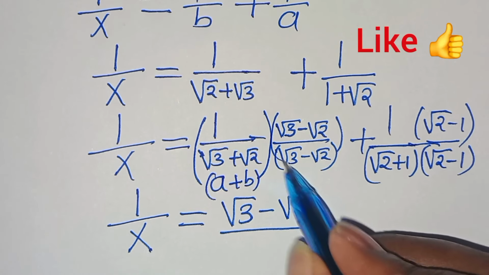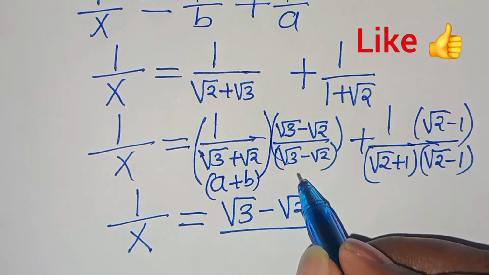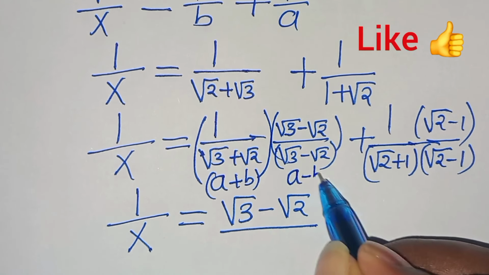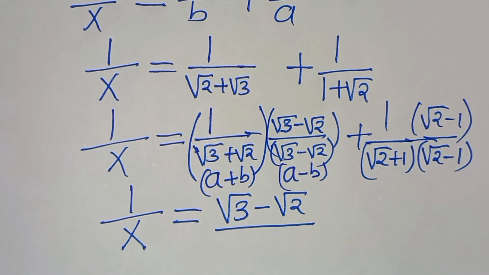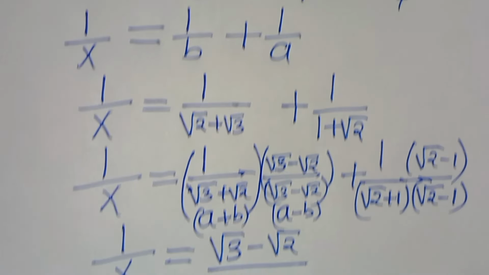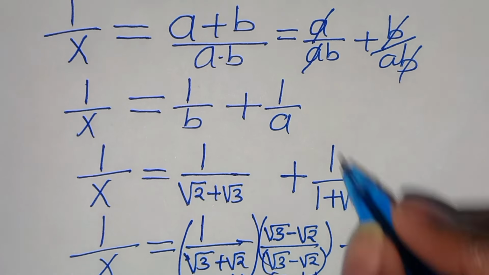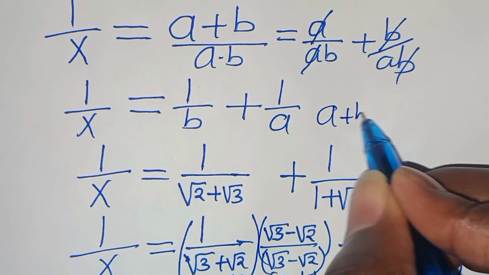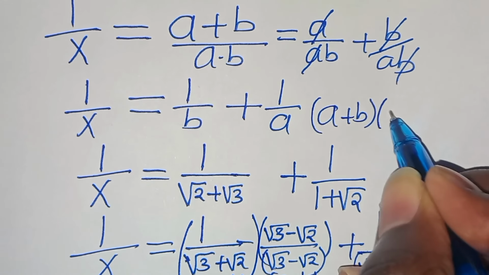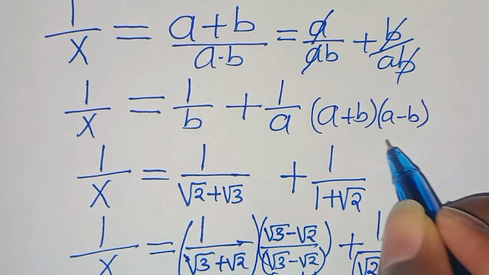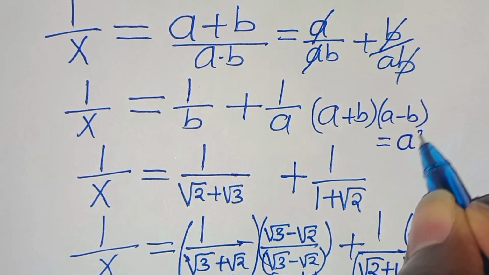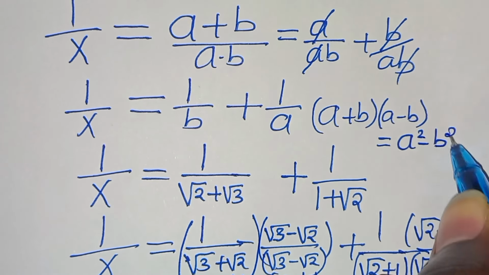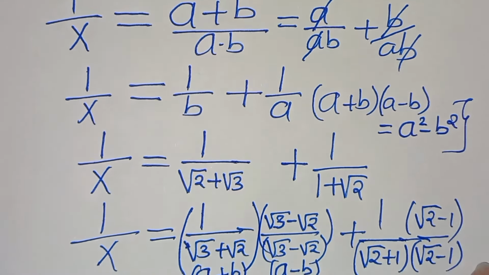And then we have square root of 3 minus square root of 2, this is in the form of a minus b. And something to note here is that a plus b multiplied by a minus b, this is the same thing as a squared minus b squared. This is the difference of two perfect squares.